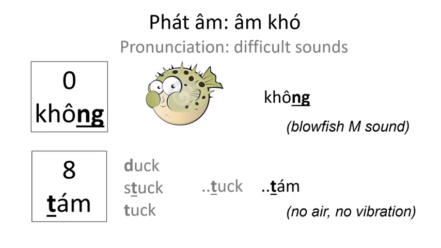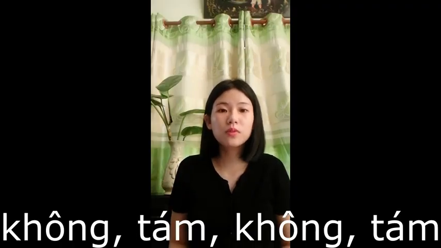And this sound produces no air, no vibration, so it is an unvoiced, unaspirated sound. Now let's quickly have a look at a native Vietnamese speaker saying these two words. Không tám.